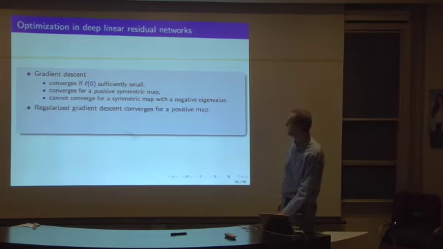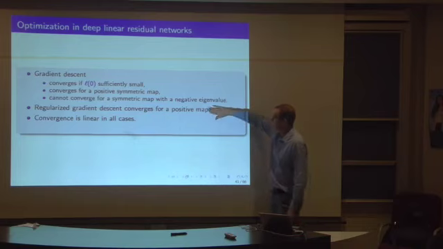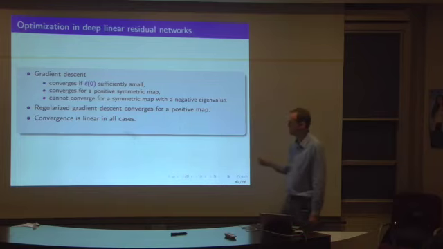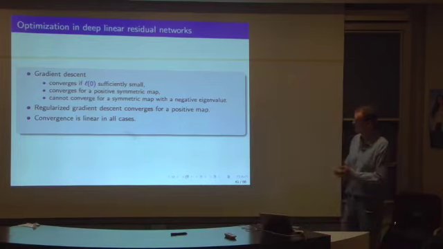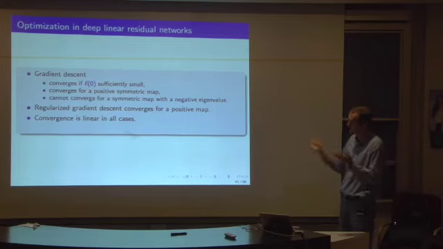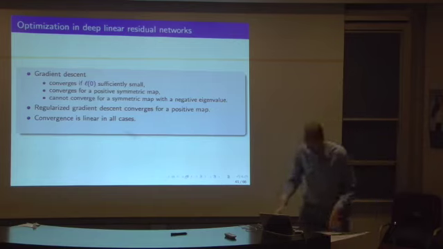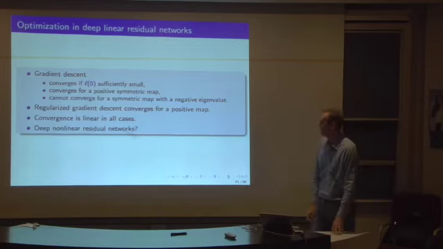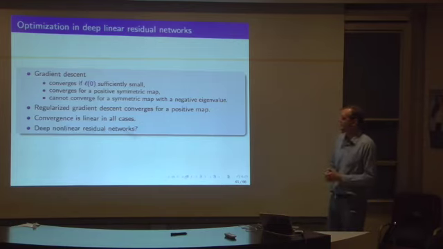And if you regularize to keep things close to the identity, then again, with this positivity condition, you can show that things work there. And we're getting this exponential convergence in all of these cases. And I guess the big question is what can we do in the nonlinear case? All right, I'll stop there.